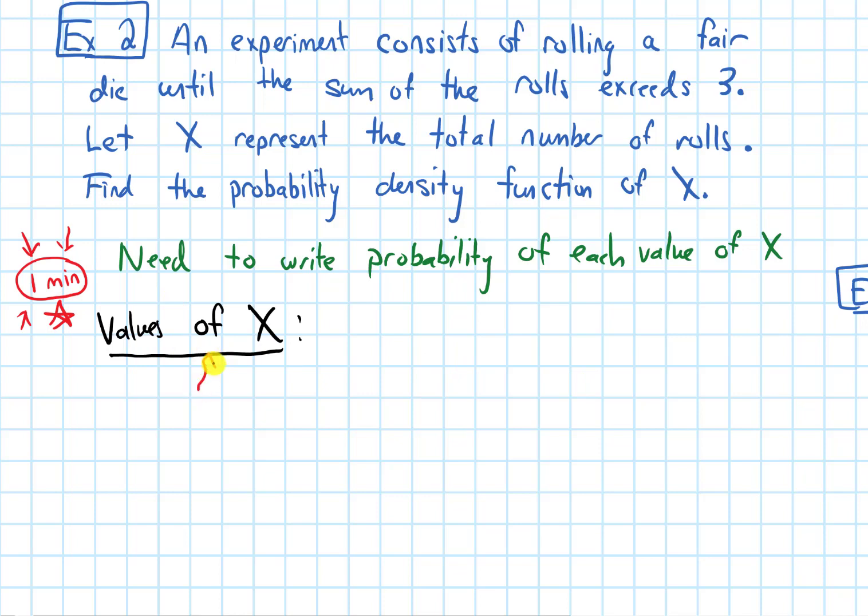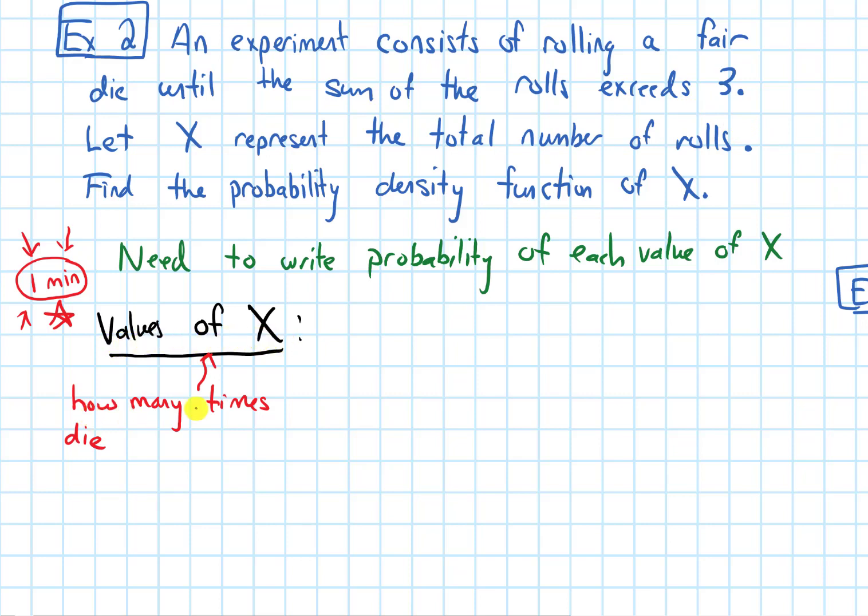So remember, what x represents is how many times the die is rolled. It's the total number of times it is rolled. So when I'm asking, well, what are the values of x?